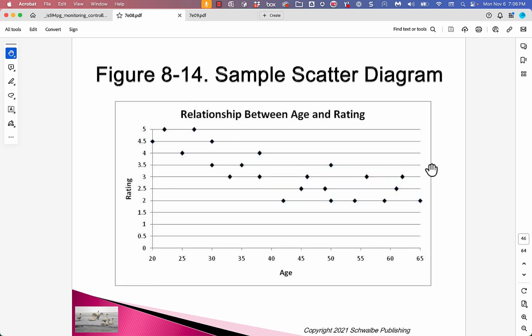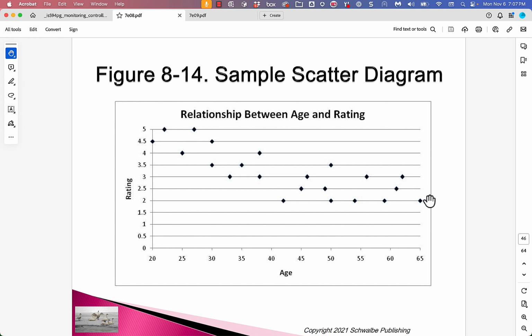A scatter diagram. So here we're looking at the relationship between age and rating, and we're seeing that it pretty much can be described by a straight line.